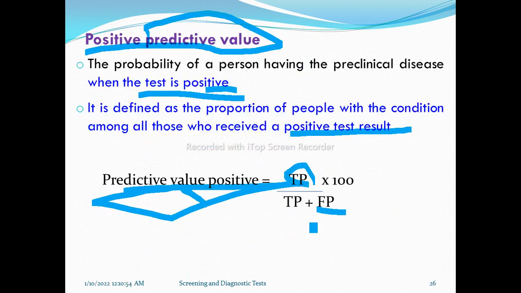So this is known as positive predictive value.